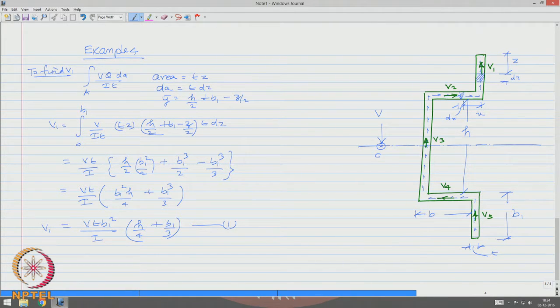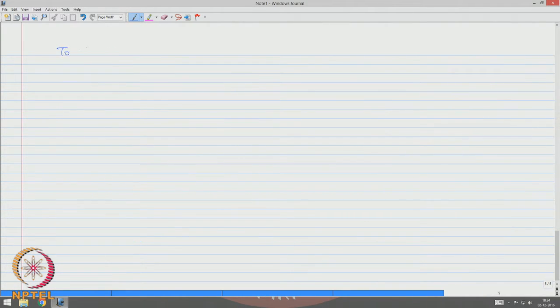Now, to compute V 2, take this strip into consideration. So, to find V 2, now we are looking for, this is an axis of symmetry.